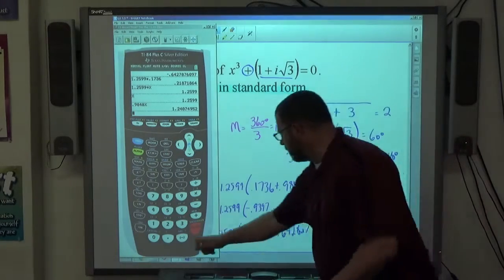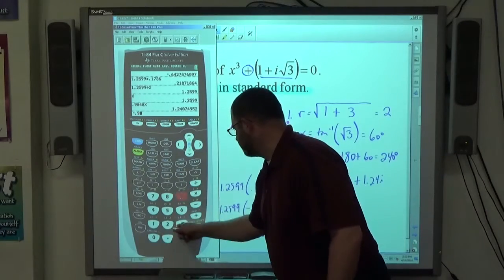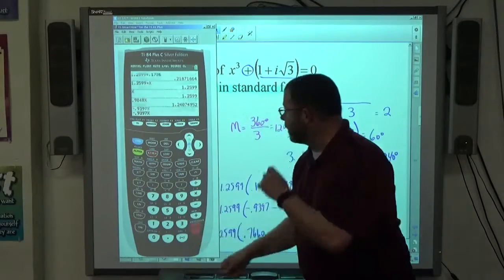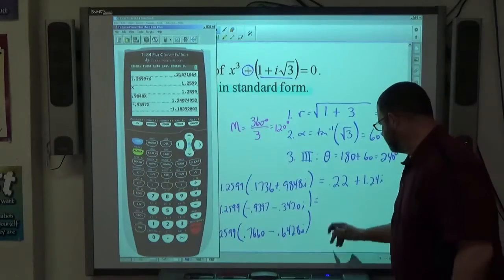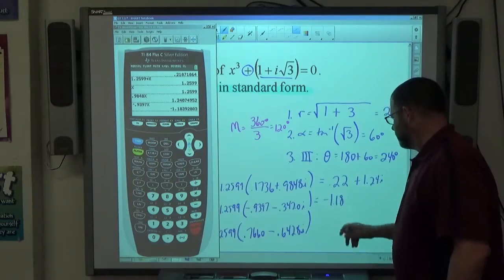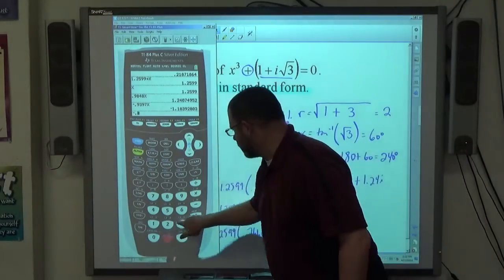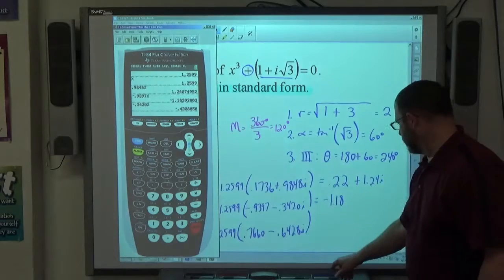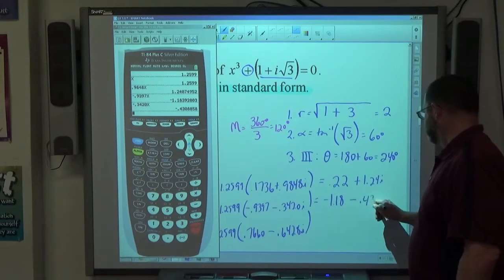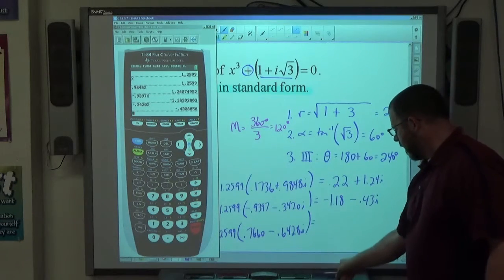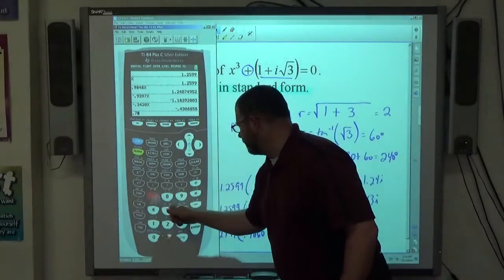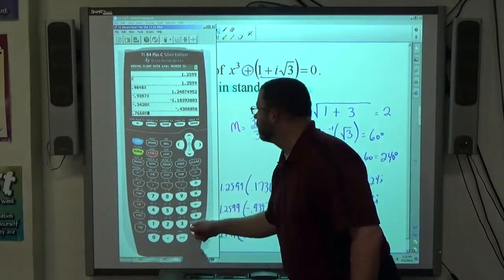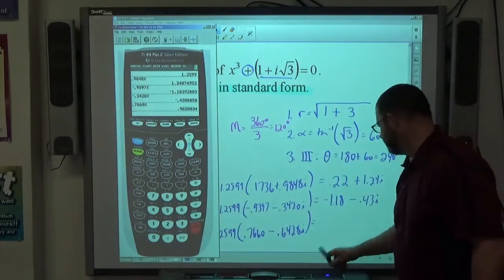If I do negative 0.9397 x, I get negative 1.18. Negative 0.3420 x comes out to negative 0.43. And 0.7660 x comes out to 0.97.